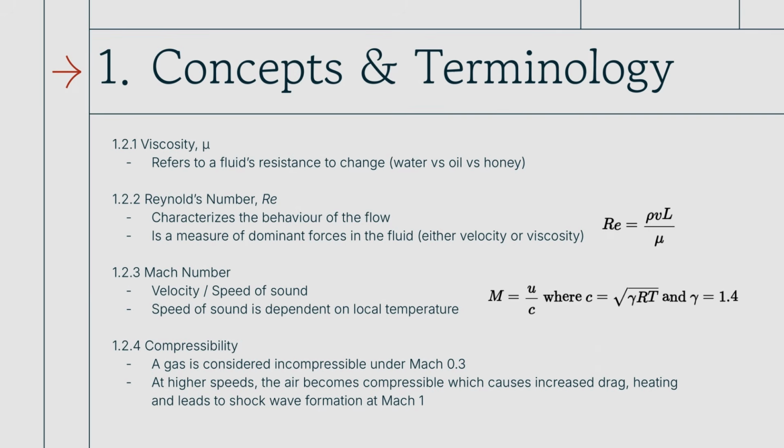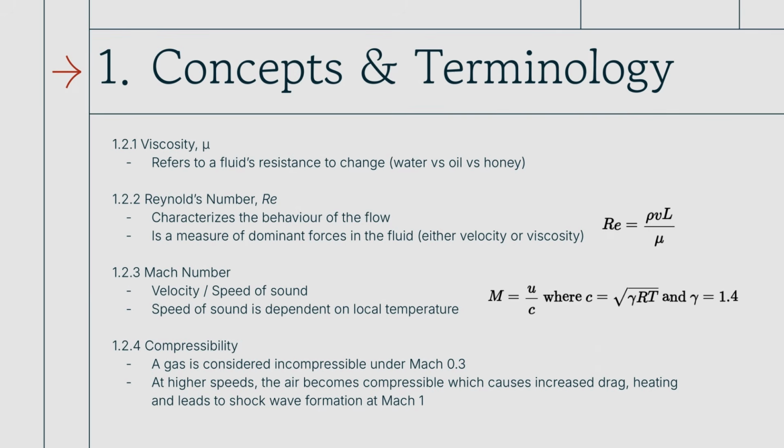The Mach number, very important. Lots of you know about this. It's the ratio of velocity to speed of sound. We're going to add an extra layer of complexity: your speed of sound is not constant everywhere. It changes depending on your fluid. For example, the speed of sound in water is a lot faster than it is in air.